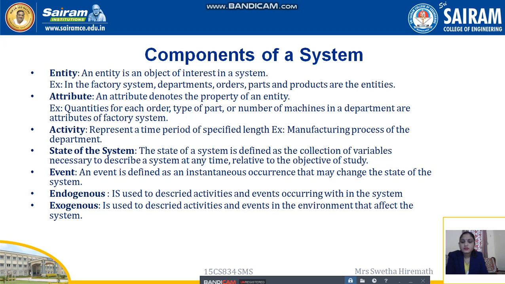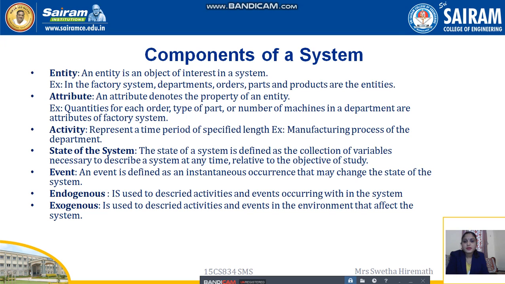Next, coming to the state of the system. The state of a system is defined as a collection of variables necessary to describe a system at any time relative to the objective of study. For example, the state of a system at 5 o'clock or on Tuesday: what activities are taking place in the bank system or the college system, what classes were going on, what was the work of the students.